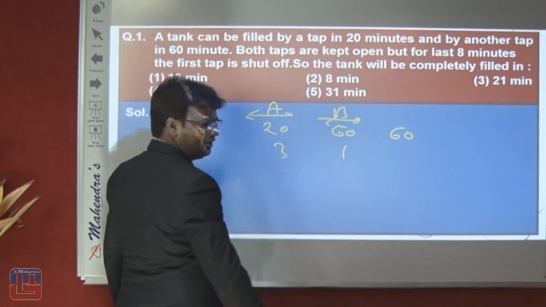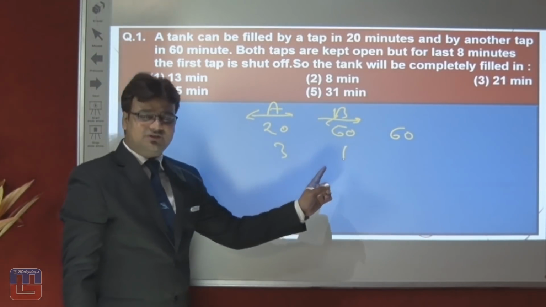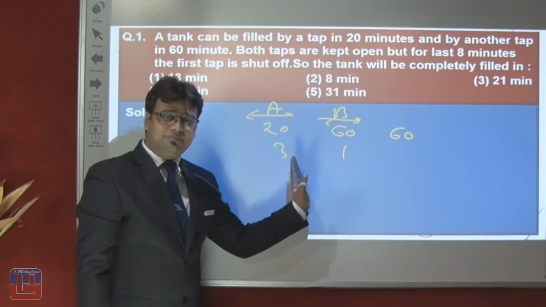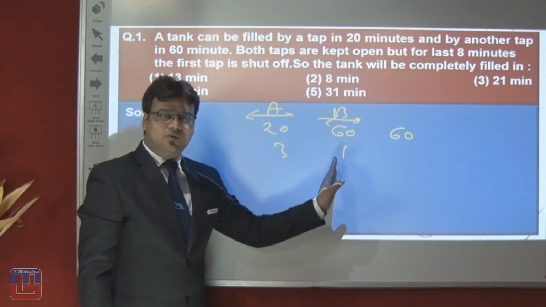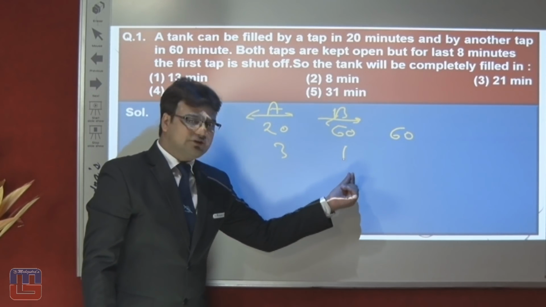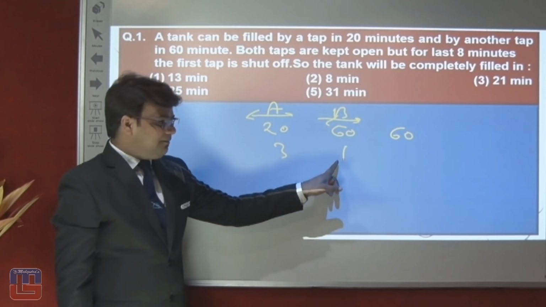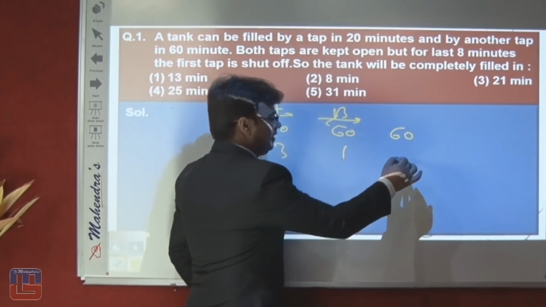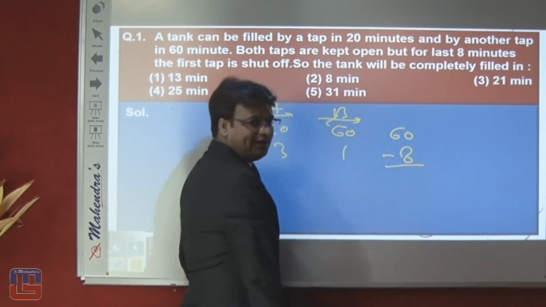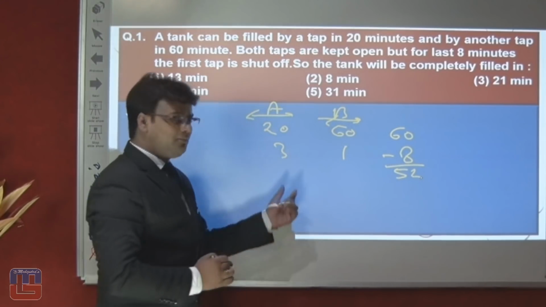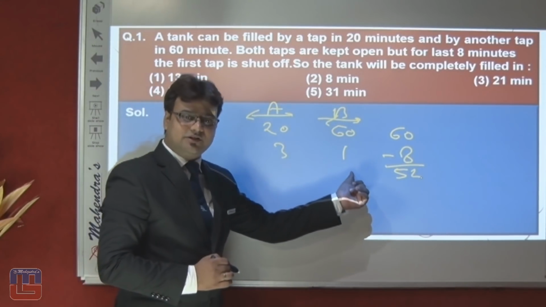Then A fills 3 parts per minute and B fills 1 part per minute. In the last 8 minutes the first pipe is shut off, so only the second pipe is acting. It fills 1 part in 1 minute, so in 8 minutes it fills 8 parts. That means the remaining 52 parts are filled by both pipes A and B together.